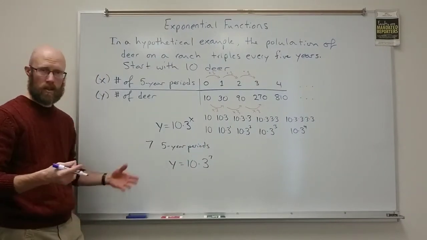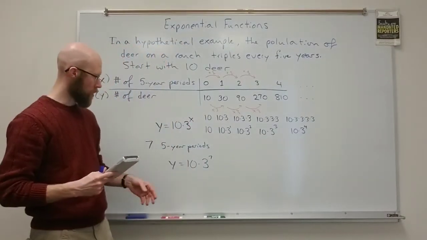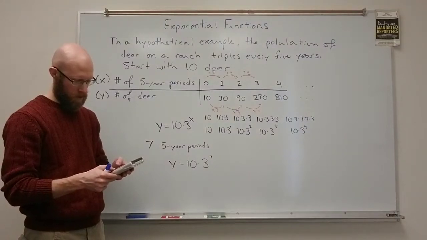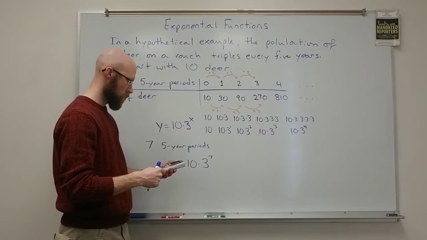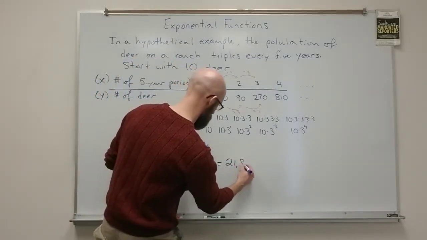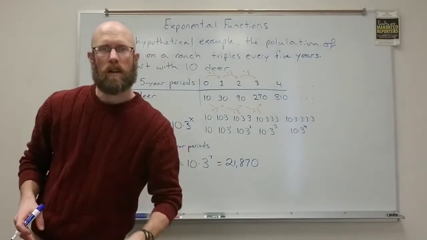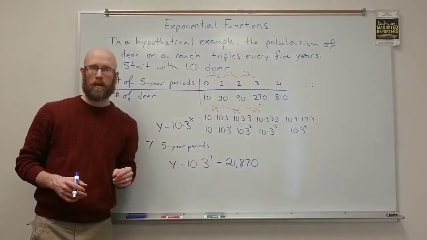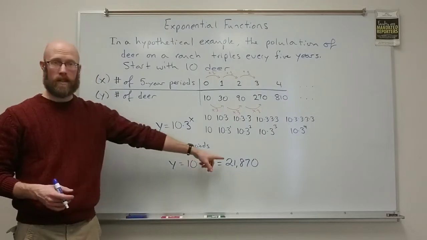So actually, let's go ahead and calculate what that is. I'll grab my calculator here. I do 10 times 3 raised to the 7th power. You get 21,870. So you'd have 21,870 deer on this ranch after 7 5-year periods. Well, of course, that's 35 years down the road, okay? That's a lot of deer, okay?